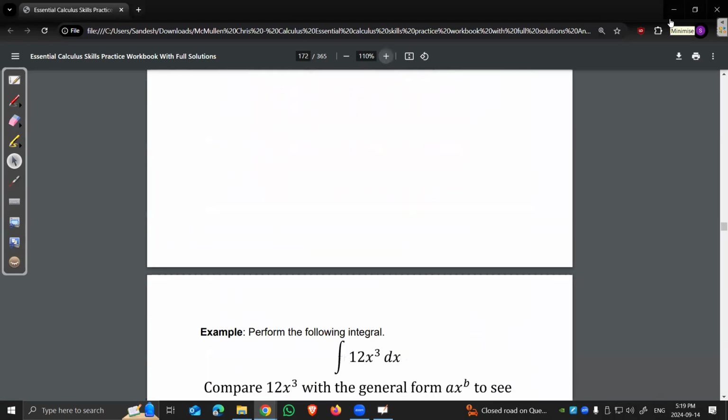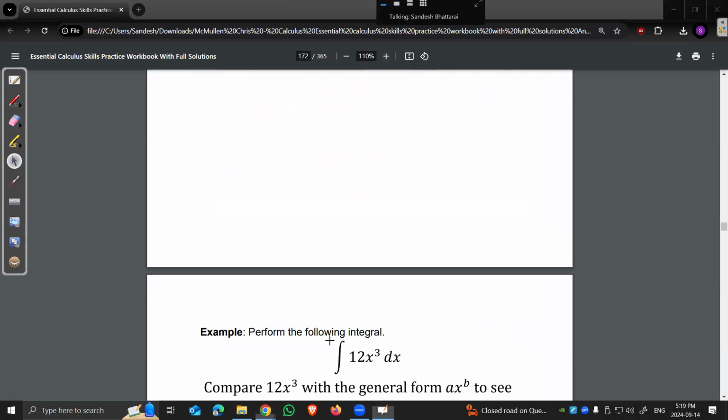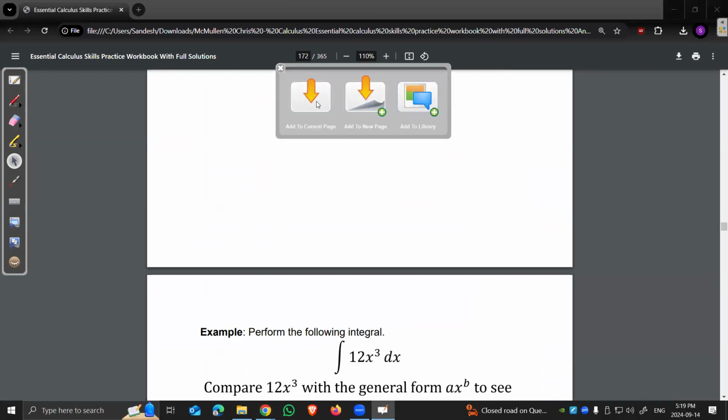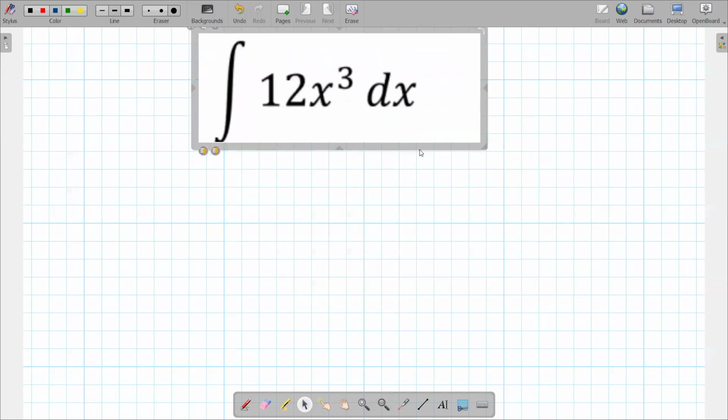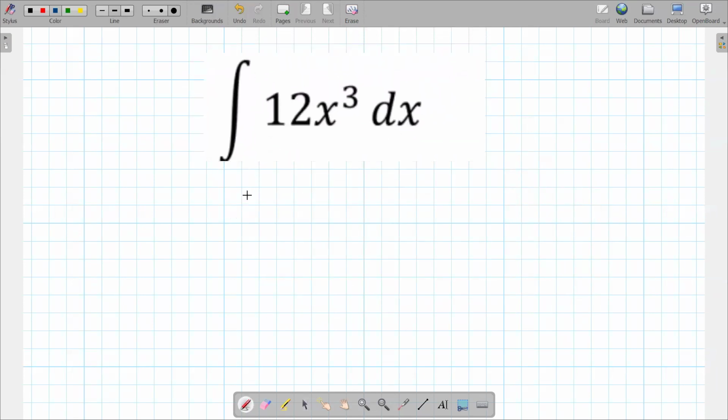Okay, let's see if we can come up with this function. X cubed, right? What do you think the integral of this is? You have a cube. Start there.